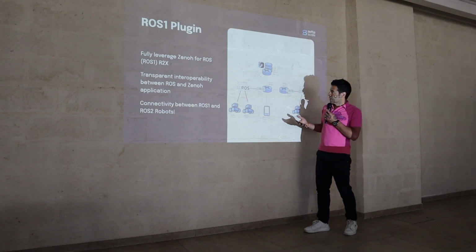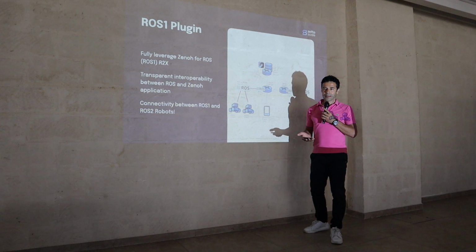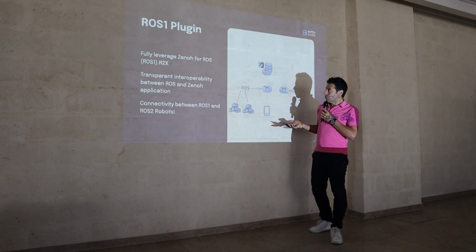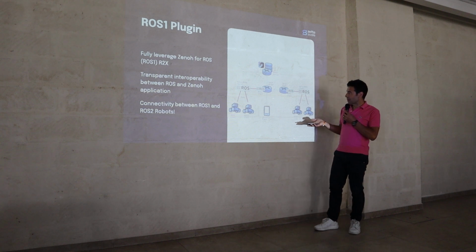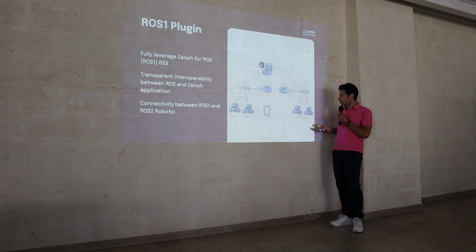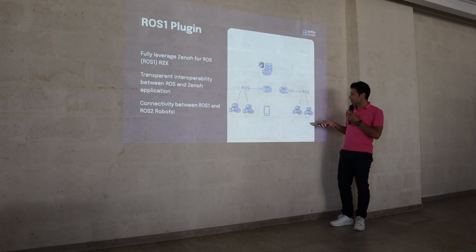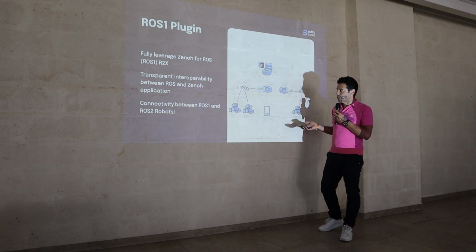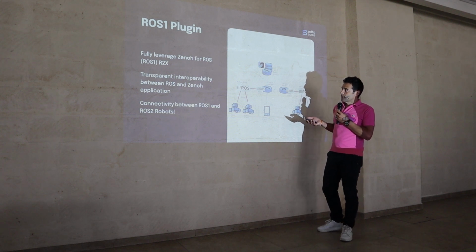But first of all, through this plugin, as we do with the ROS2 or DDS plugin, you have the full leverage of Zenoh for robotic applications and R2X. And this is an example where obviously you can use this plugin to have a swarm of robots communicating or doing teleoperation and so on and so forth.